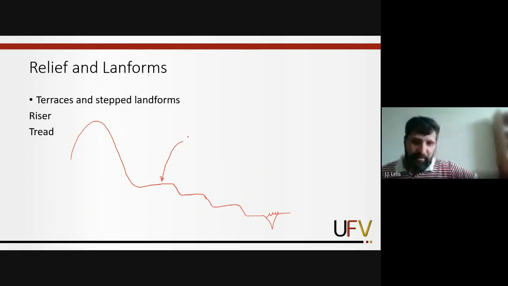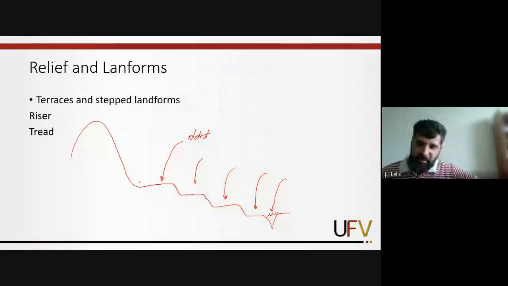And this is the oldest terrace, the second oldest, the third oldest, the fourth oldest, and now is the river. And if the river goes down again, it will form a new raised terrace.